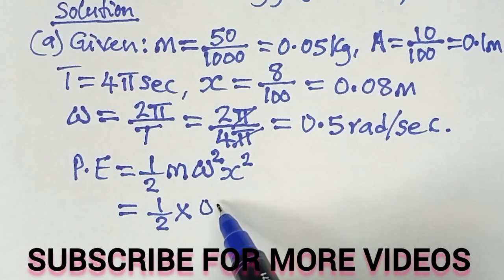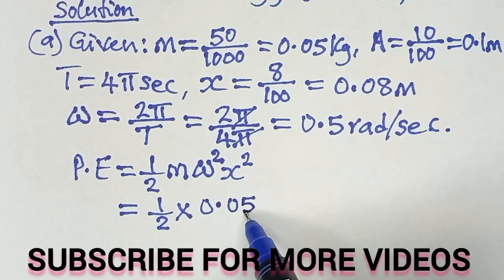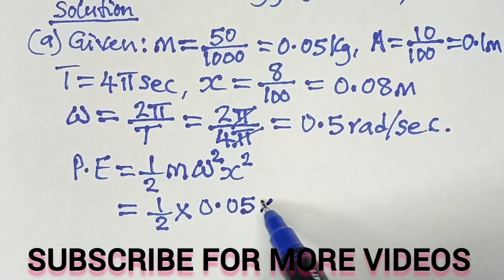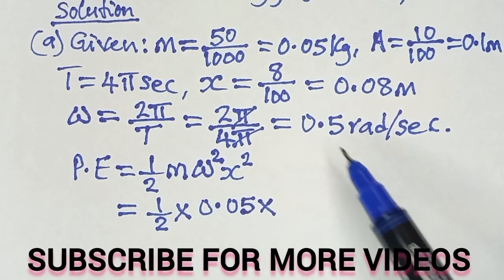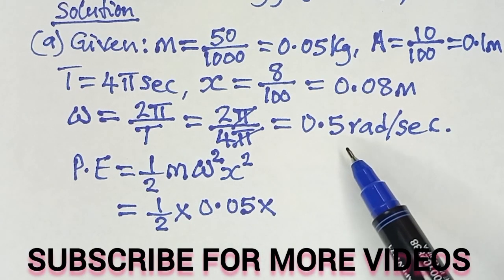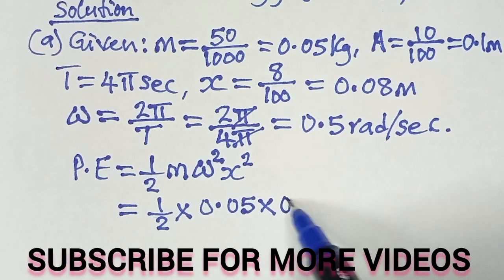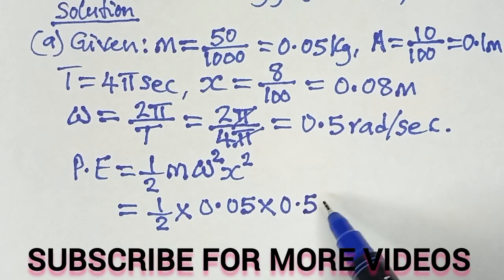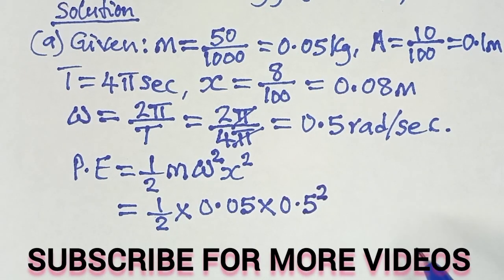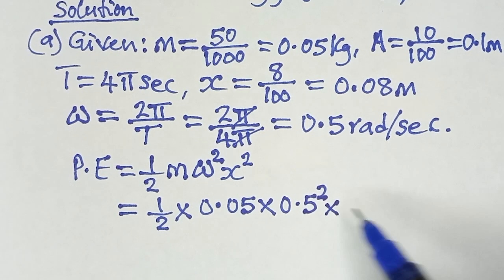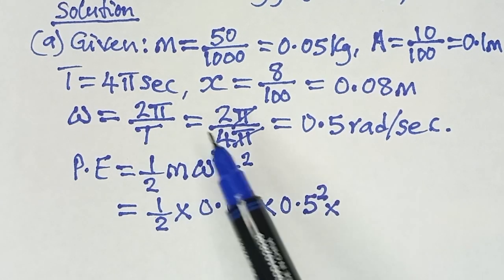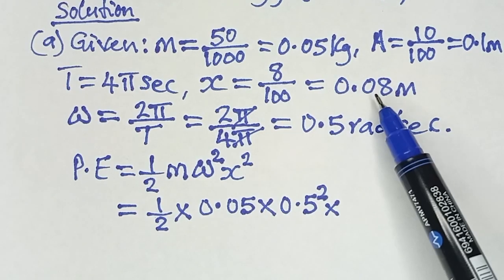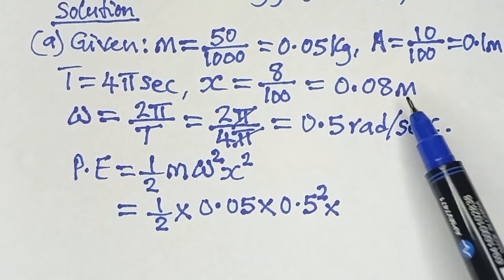So 0.05, and then multiply by omega, that is the angular velocity. Omega is 0.5 that we just calculated. So 0.5 squared, the omega has to be squared, and then multiply by the value of x. You can see the value of x there as 0.08 meter.